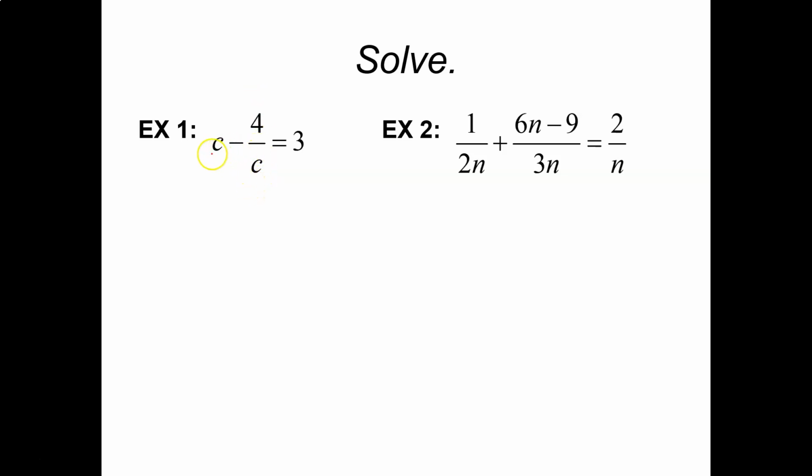So this C, I can put it over 1, and the 3, I can put it over 1 as well. If I want all of those denominators to match, then I would like for all of the denominators to be C. Our denominator here is already C. My denominator over here is not, so I need to multiply by C on top and bottom. And over here, I need to multiply by C on top and bottom.